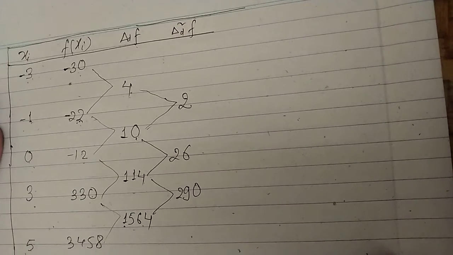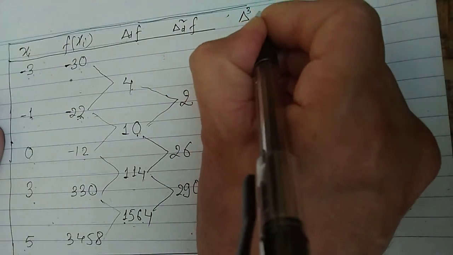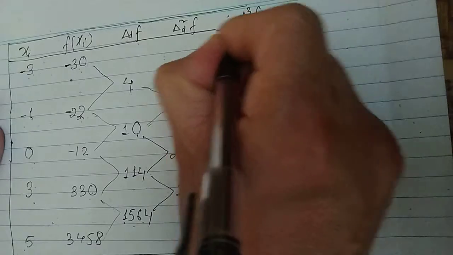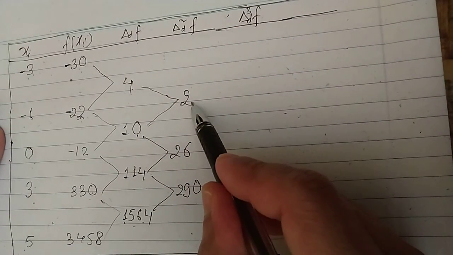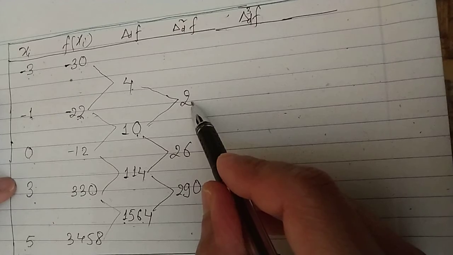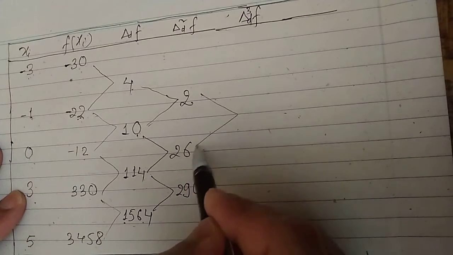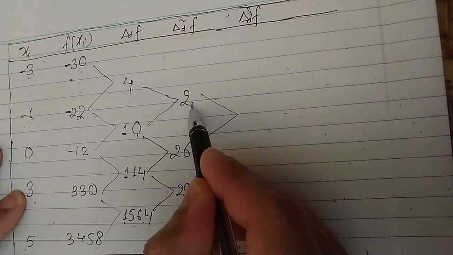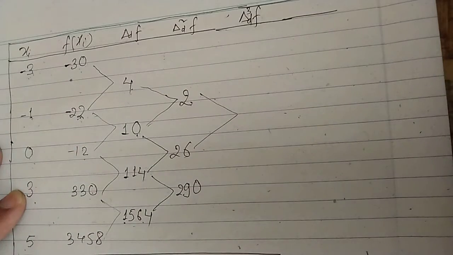All right. Now let's calculate the third divided difference, delta d cube f. So 26 minus 2 divided by 3 minus -3.